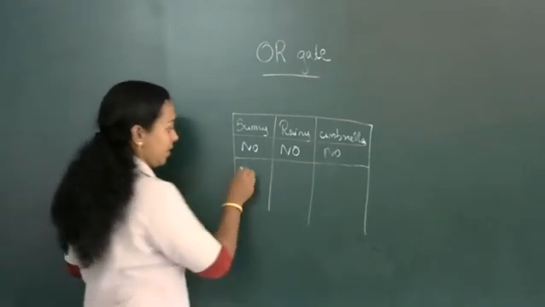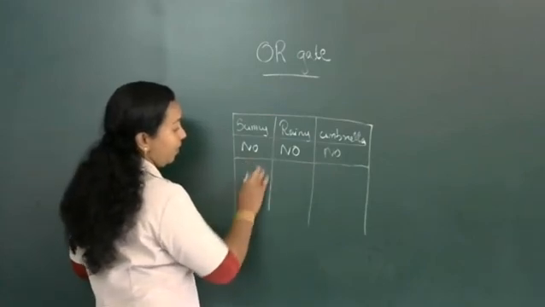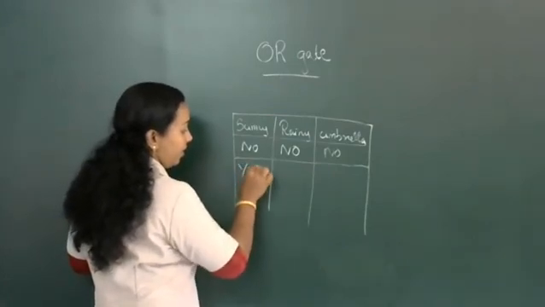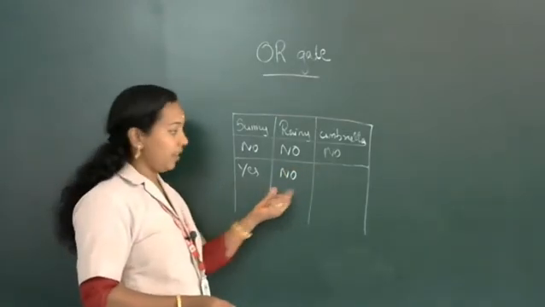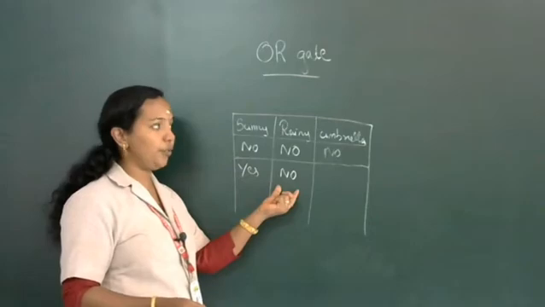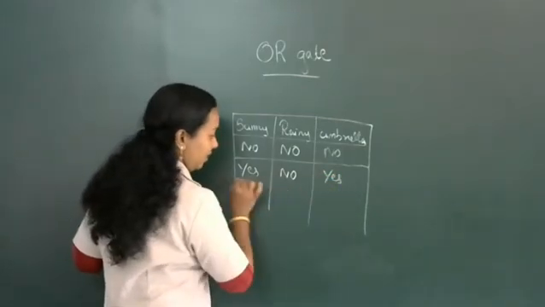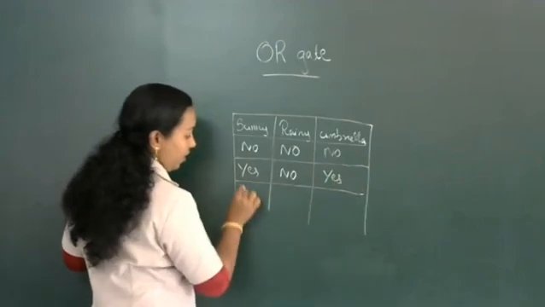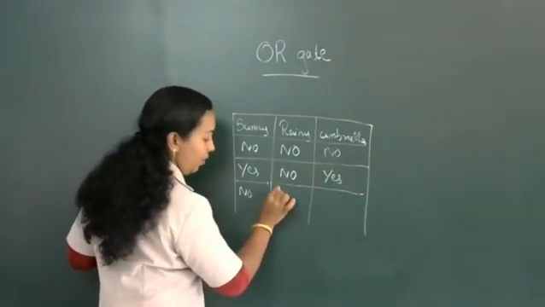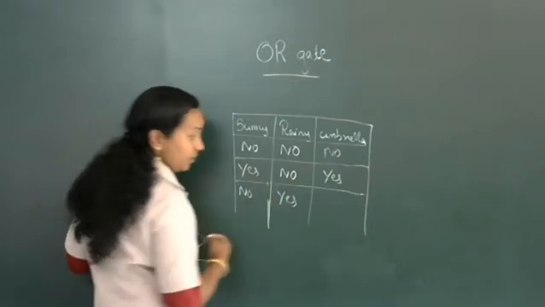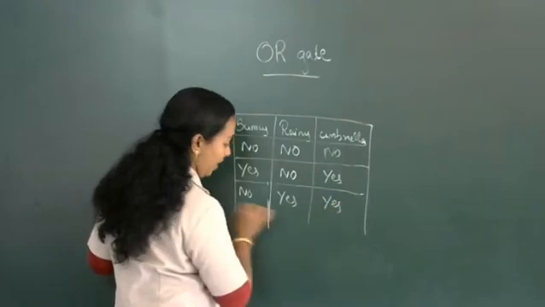Next case, sunny is there and there is no rain. Should we take an umbrella? Yes. And if there is rain and no sunshine, then definitely you want to take an umbrella.